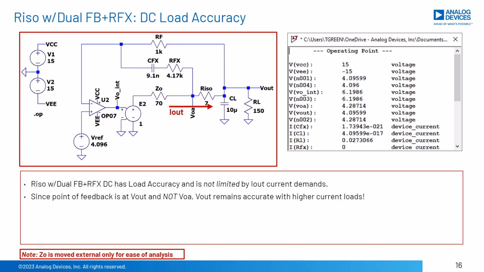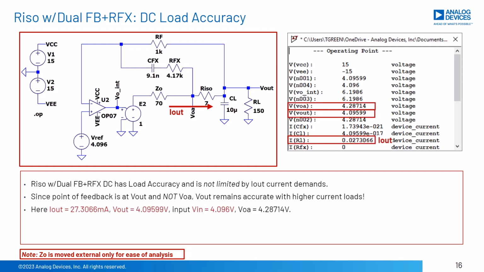As DC load current increases, the accuracy at Vout is maintained by raising the voltage at VOA due to feedback loop number 1. Here for IOUT equals 27.3066 milliamps, Vout equals 4.09599 volts for VIN equals 4.096 volts, and VOA raises to 4.28714 volts to maintain accuracy at Vout.